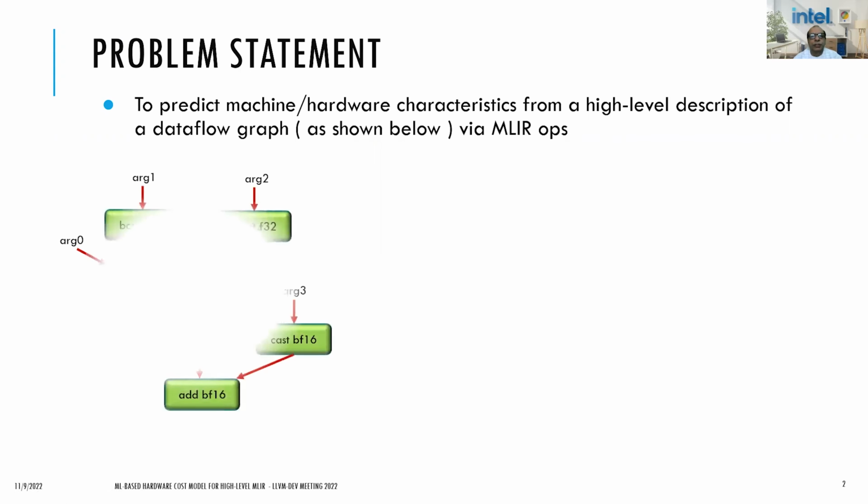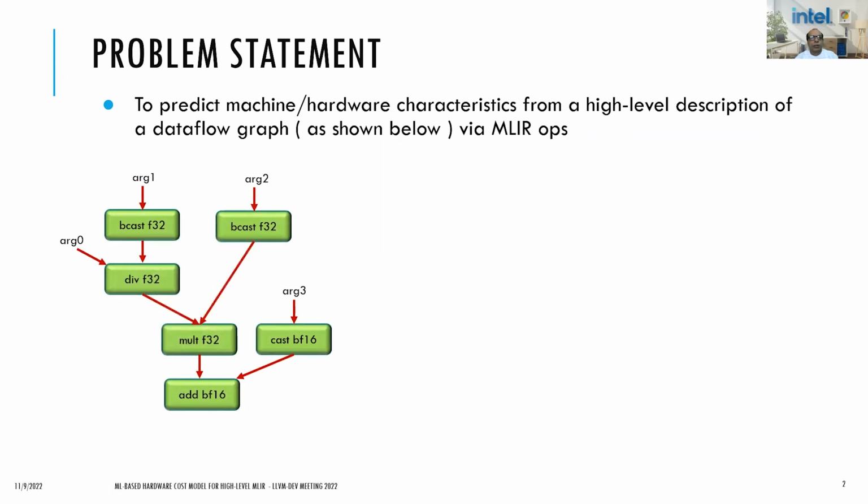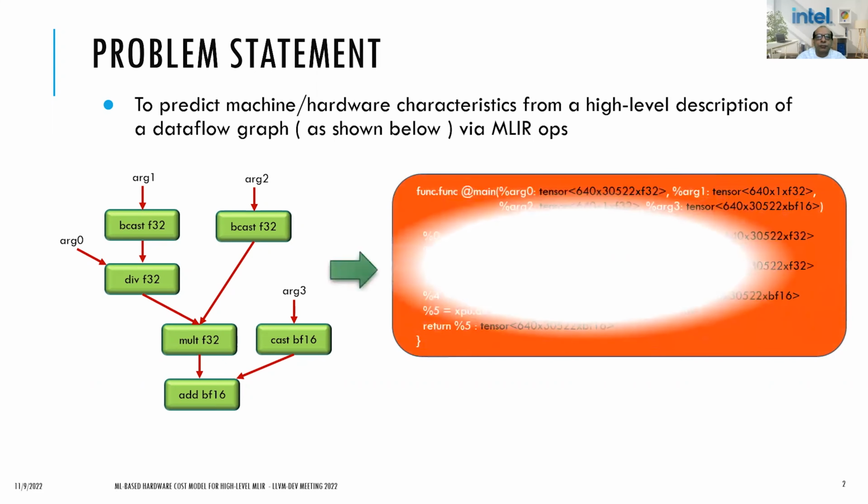In our deep learning or machine learning workloads, we have these data flow graphs consisting of very high level operators. Let's say this is a kind of data flow graph that we are going to tackle. And we want to see what this data flow graph's hardware characteristics will be if it actually runs on a certain kind of hardware, like what's its runtime, what's its throughput, register usage characteristics, other hardware characteristics, etc.